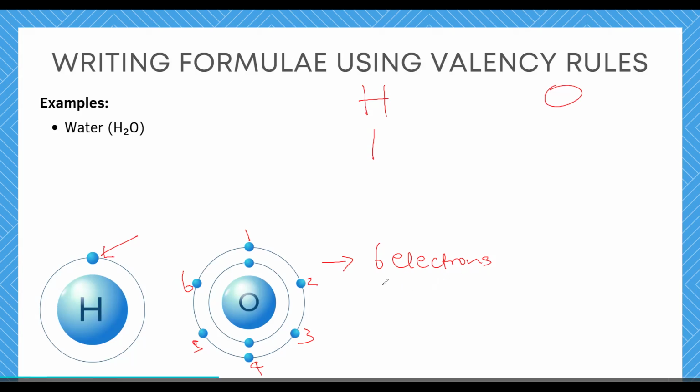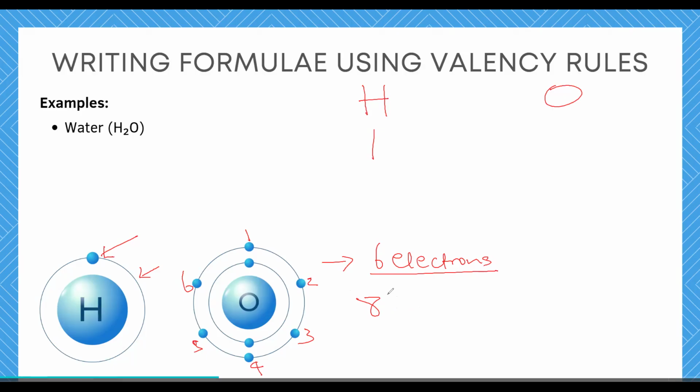The valency is the number of electrons it can gain or lose. Remember, I told you that for an atom to be balanced, the number of electrons on its outermost shell must be eight. It will always be eight, apart from hydrogen, because hydrogen has just one shell.